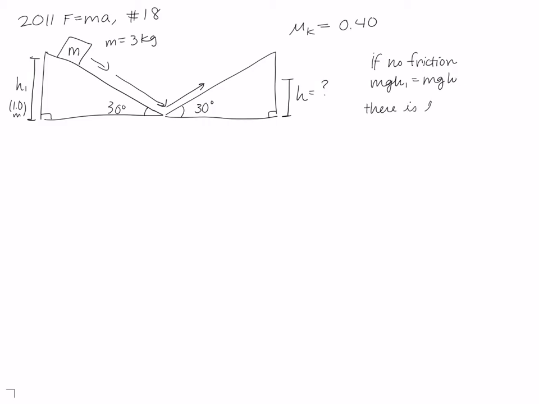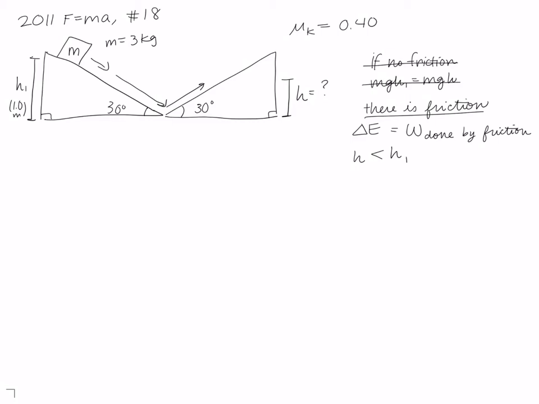However, because there is friction, some energy must be lost, and the amount of energy that is lost must be equal to the work done by friction. So we know that h has to be less than h1, because now our block has less energy than when it started, because work was done by friction. So this is not valid because there is friction.